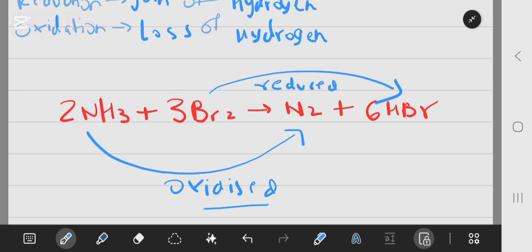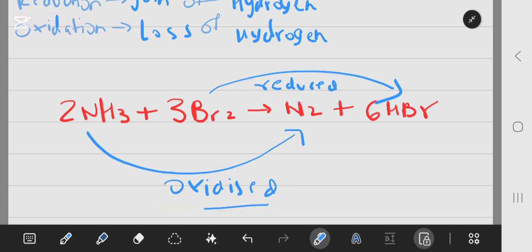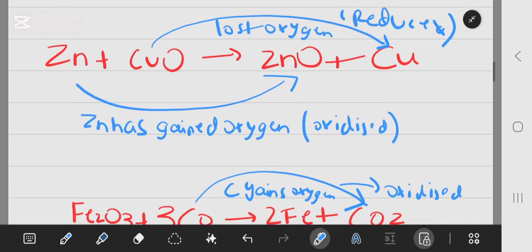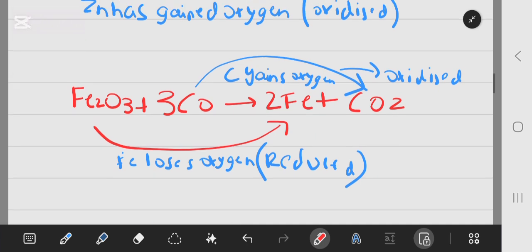Okay, so because there is oxidation and reduction happening simultaneously, one element is being oxidized and the other is being reduced, we can say that this can be safely called a redox reaction. The same can be done for the first equation that we did, which was also a redox reaction, because one element was gaining oxygen, meaning it was oxidized, and one element was losing oxygen, which means it was reduced. As for the second equation, this is also a redox reaction because this is also happening simultaneously.